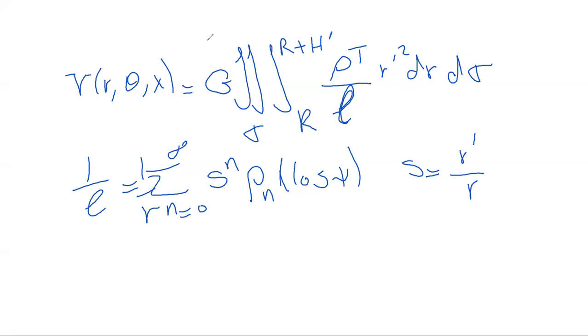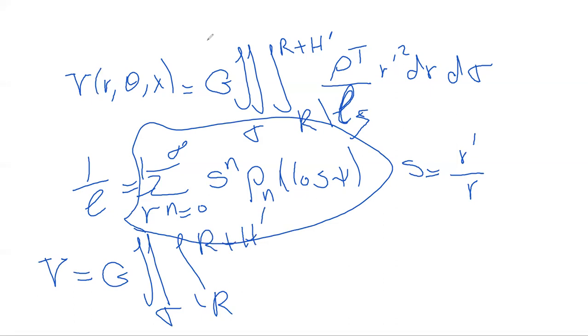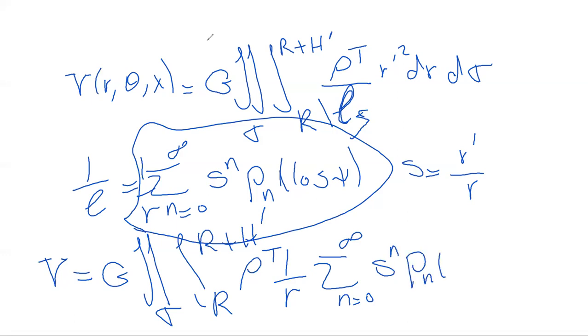So if I insert this equation back in here instead of L, then I come to this V. I simply write V as a double integration from R to R plus H prime of rho, and instead of 1 over L, I will write 1 over r, the summation up to infinity of S^n P_n cosine psi, times r prime squared dr prime d sigma.